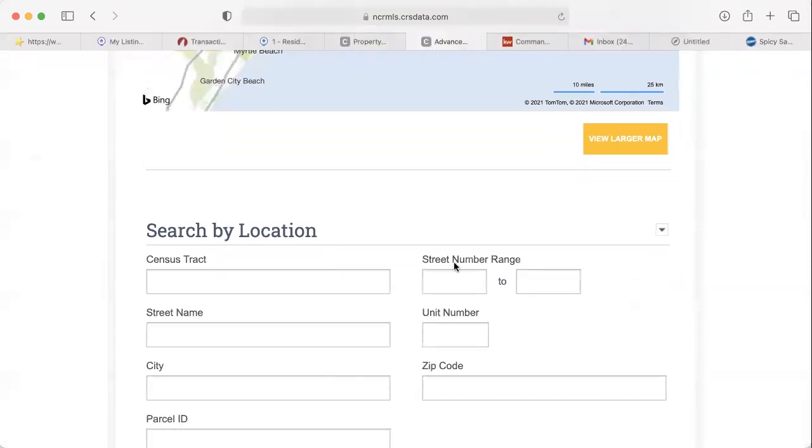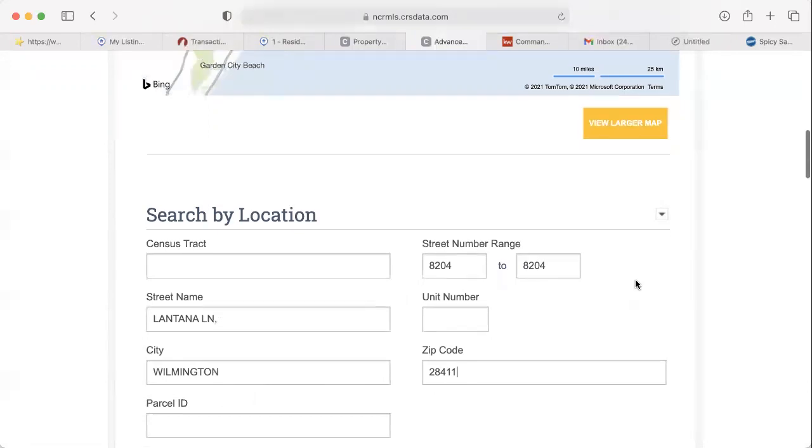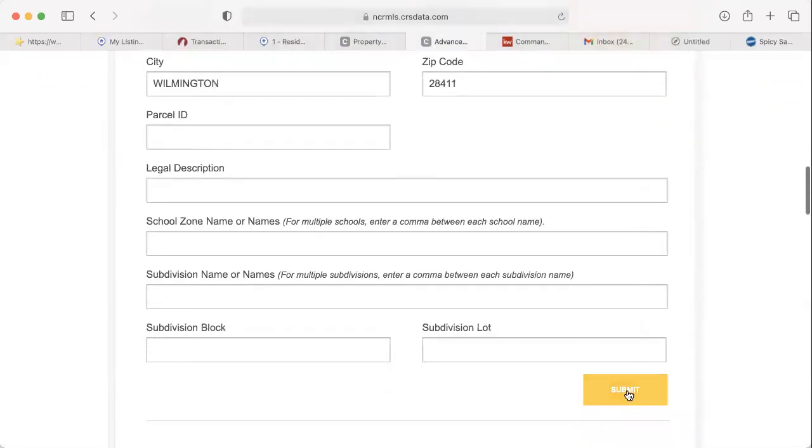And here is where I would put my address. We'll just use my house as an example. And you'll see as you start typing, usually the choices come up. And then I will hit my search or submit.